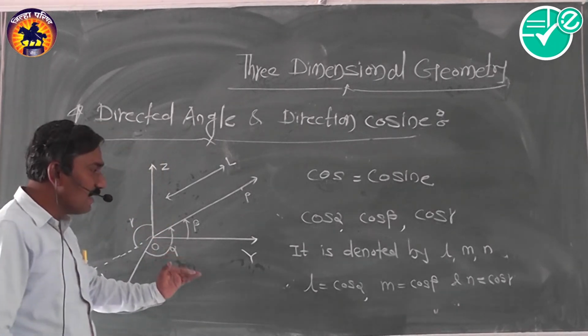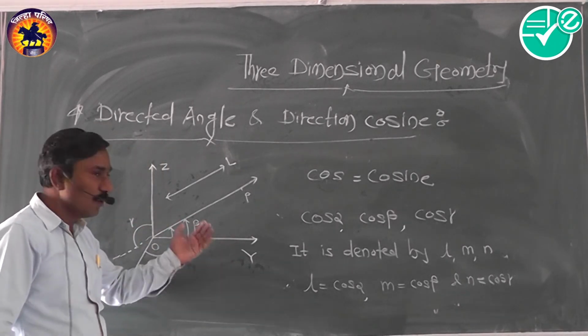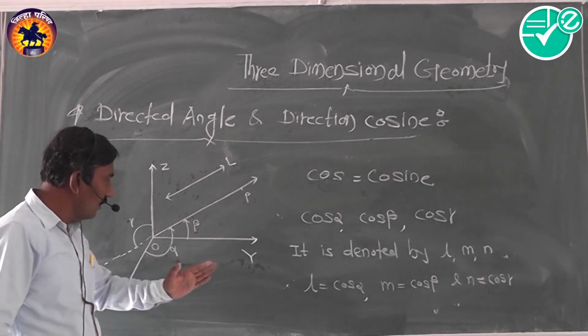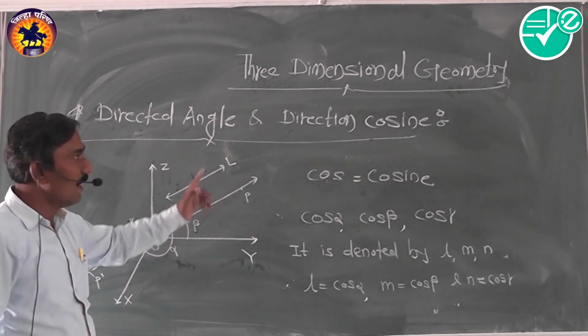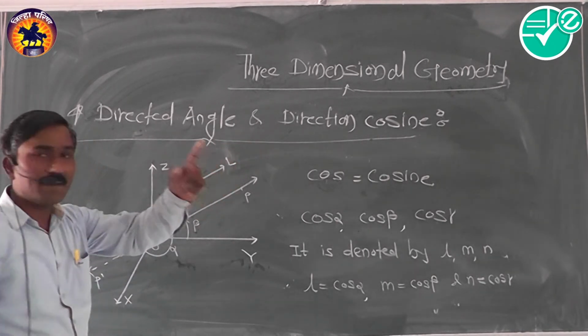It means that the cosines of the angles which the line creates are called the direction cosines of that line.